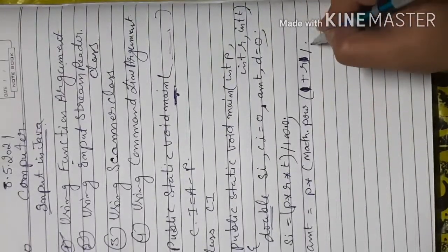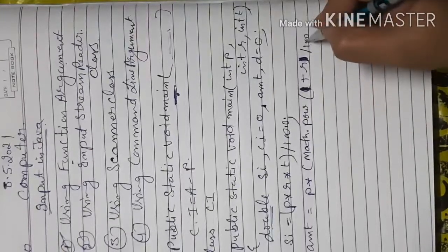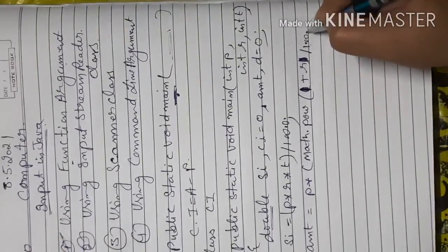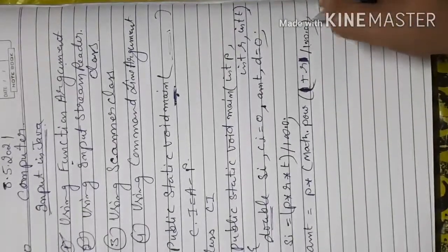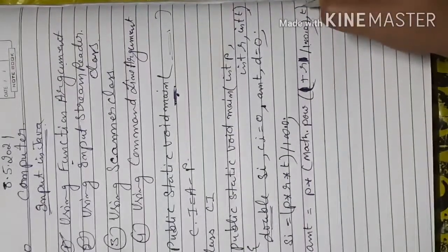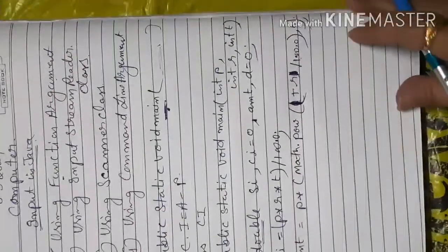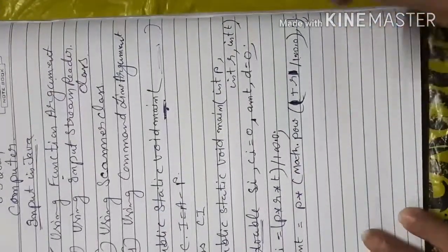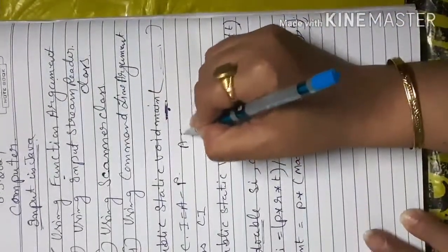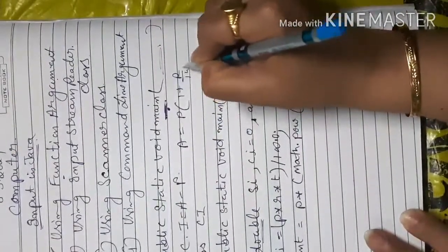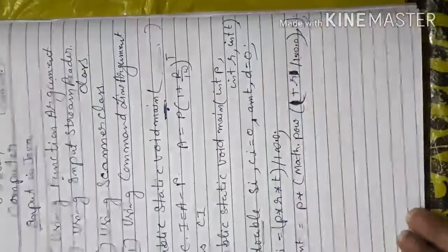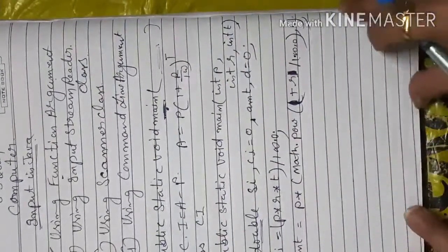Then r divided by 100, comma, and the whole power will be t. Then you have to close the bracket, because the formula for finding the amount is principal into 1 plus r by 100 raised to power t. That we have to write in a Java expression.